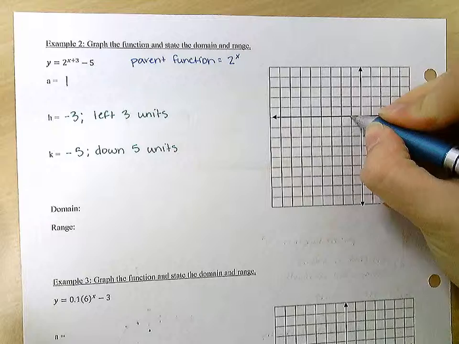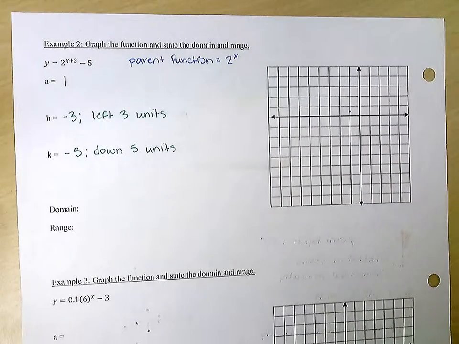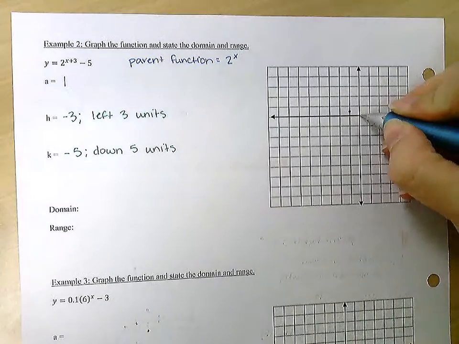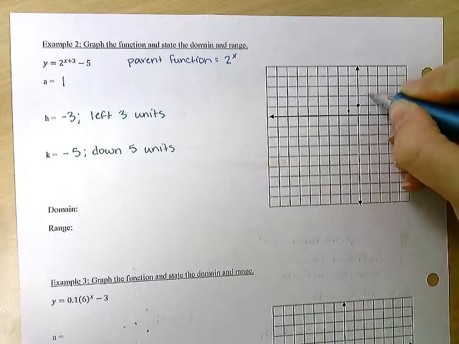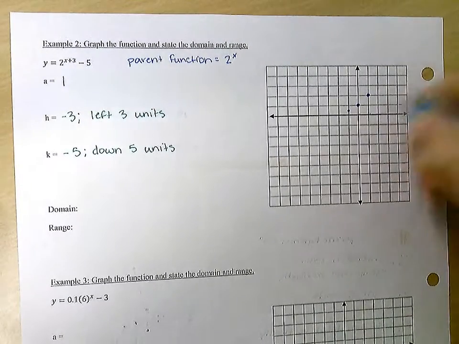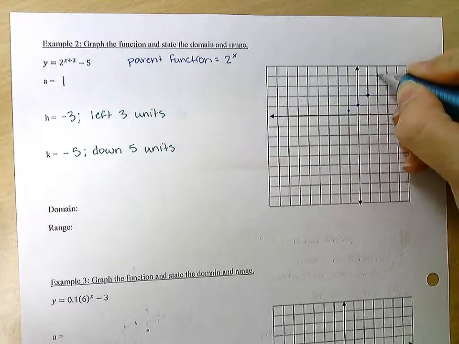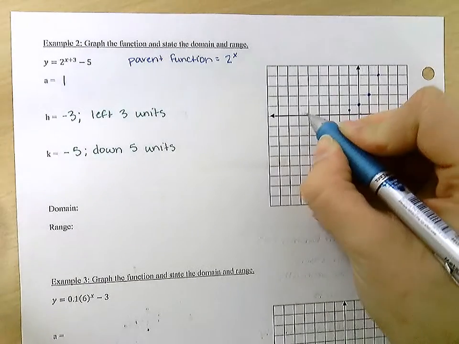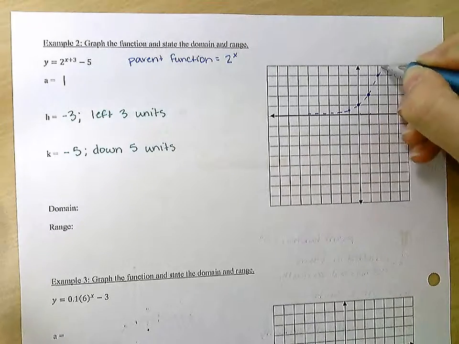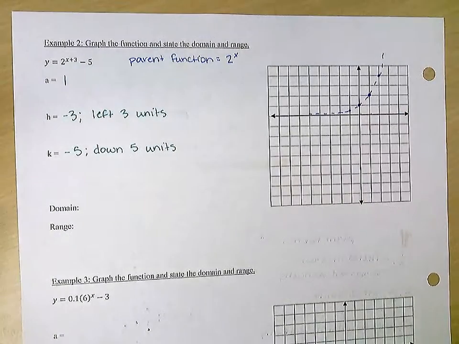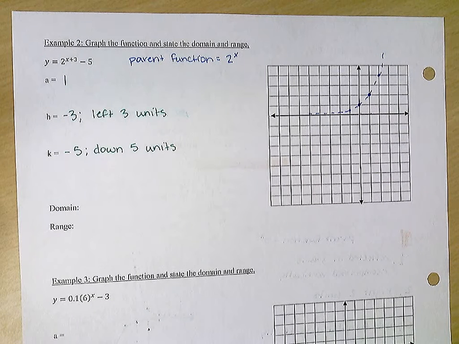Okay, so I would go -1, 1/2. If I plug in 0, I get 1. And if I plug in 1, I get 2. And if I plug in 2, I get 4. Okay, so this is where your parent function is. Okay, and we need to move each of those points left 3 and down 5.